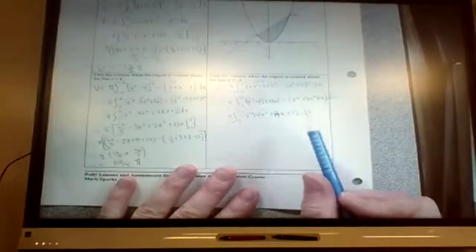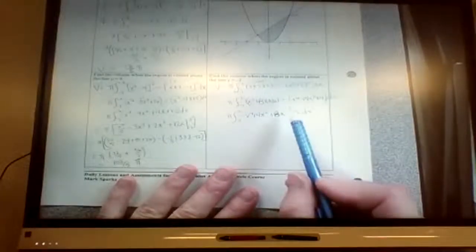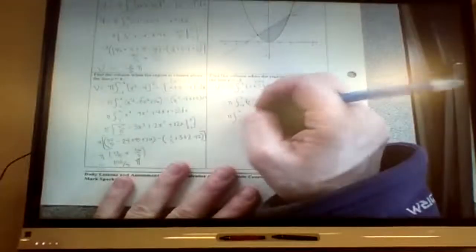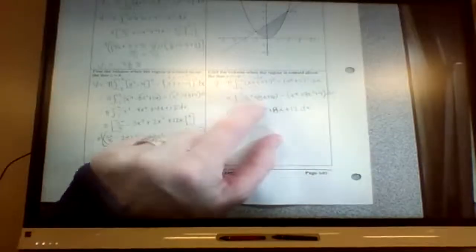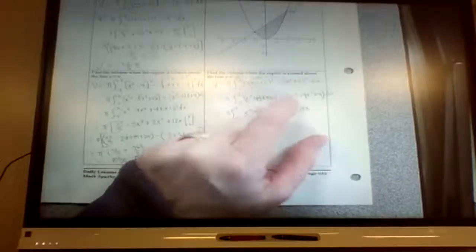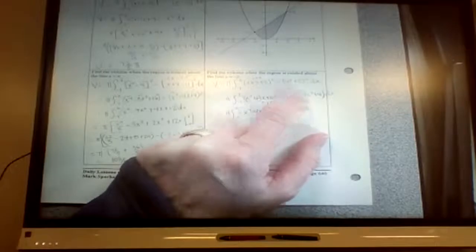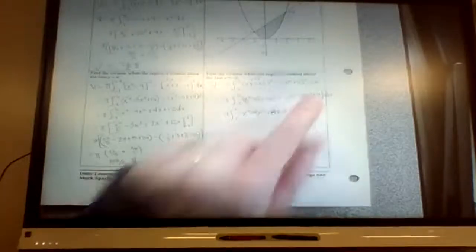But it's not plus, it's minus, isn't it? Okay, one more time. x squared plus 8x plus 16, x to the 4th, 4x squared plus 4. So it's going to be minus, okay.